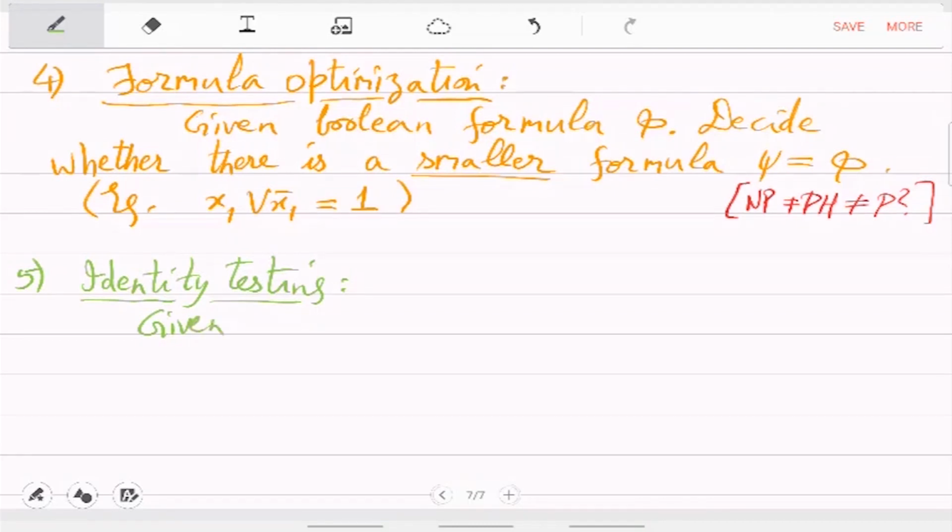Given a polynomial f in n variables, decide whether f is 0, whether this polynomial is actually identically 0. x1 to xn, think of them as formal variables.